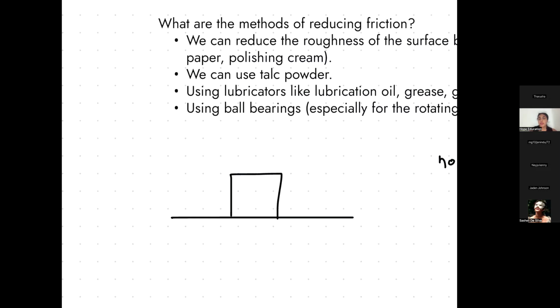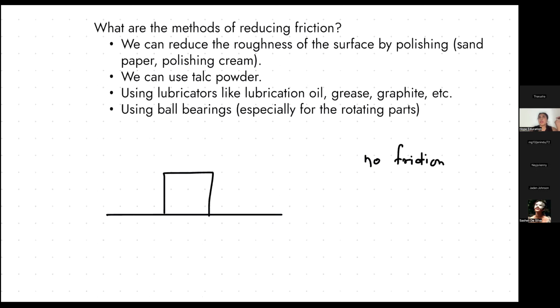Okay. Now there are good and bad sides to this. Let's imagine an instance where we are walking, right? When we are walking, my feet are in contact with the ground. No friction means it's too easy for me to move.